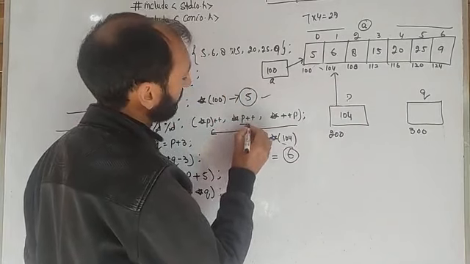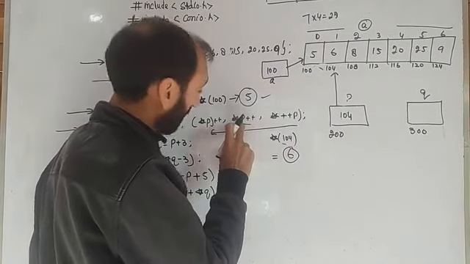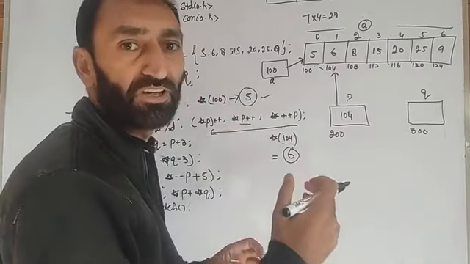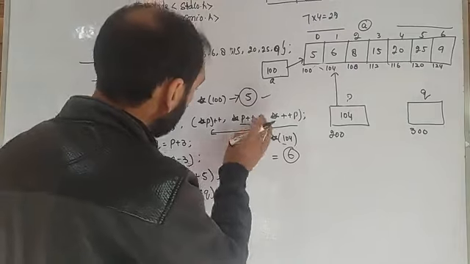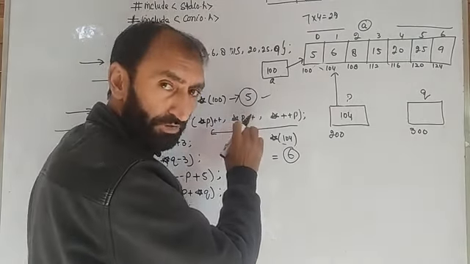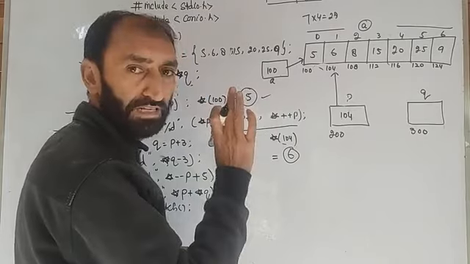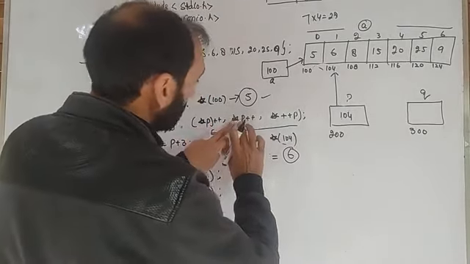This is a post-increment. It will first return the value, then the pointer value will get incremented. That means pointer p.